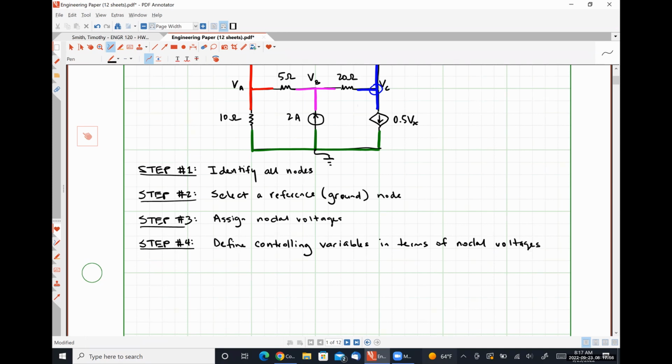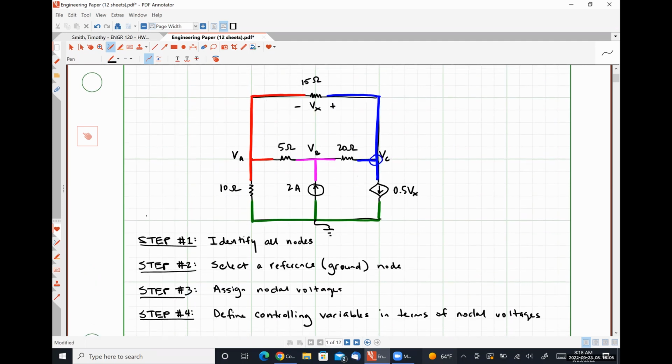Okay, so I've used a new couple of words here, controlling variable. What I mean by controlling variable is, if we have a dependent source, which we absolutely do, the controlling variable for that dependent source is the voltage Vx, okay?